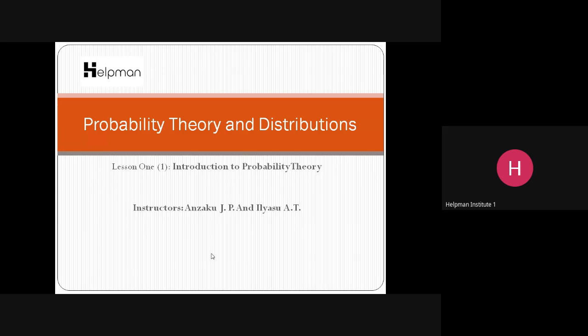So in our class today, we will be starting with the introduction to probability theory. We'll be looking at some definitions of probability, some axioms, and then we'll get a general overview of what to expect in probability theory and distribution. We'll be taking this course together with Ilyasu.